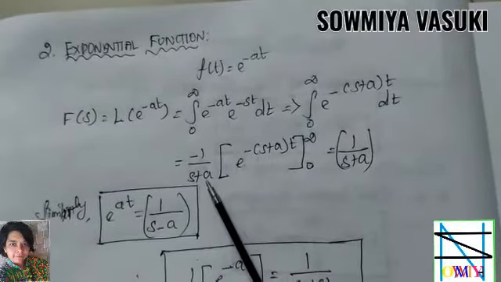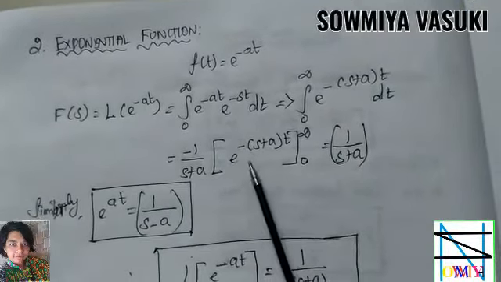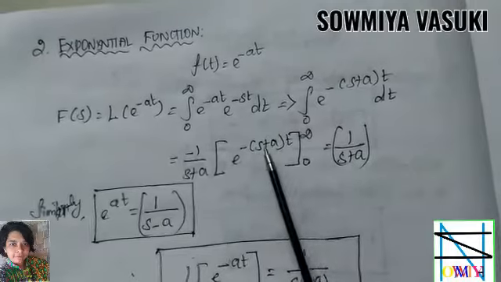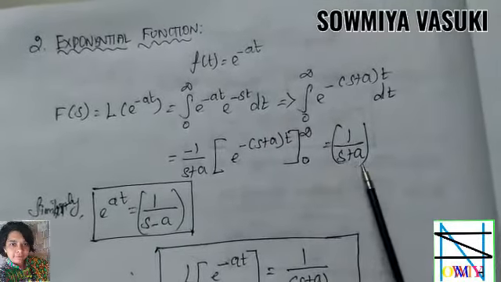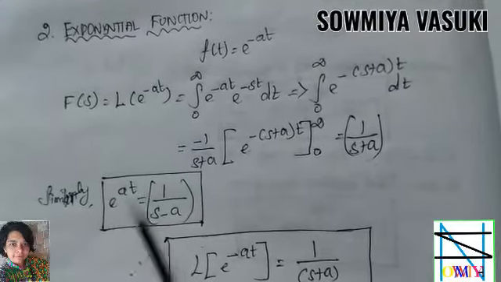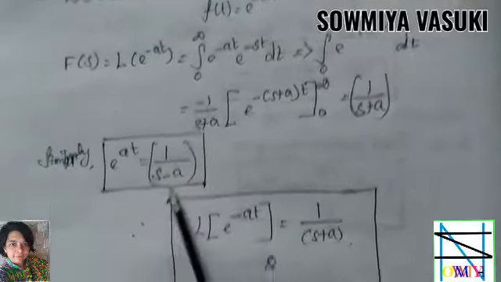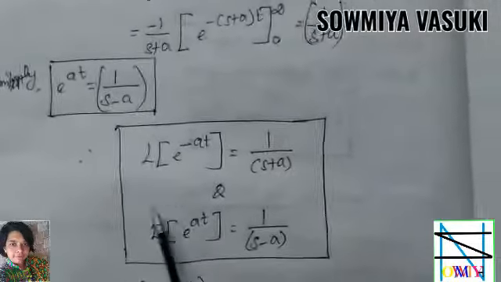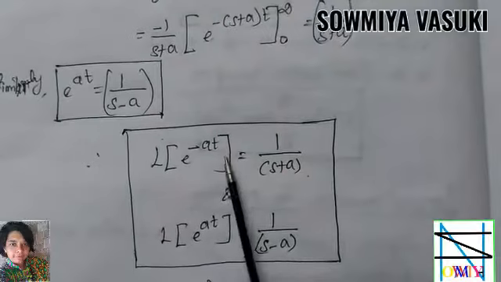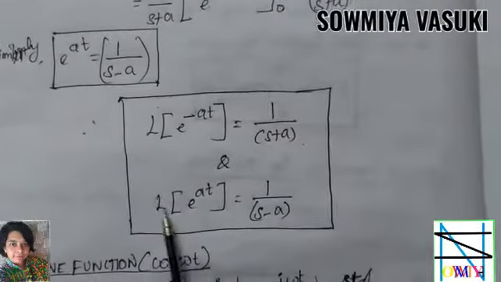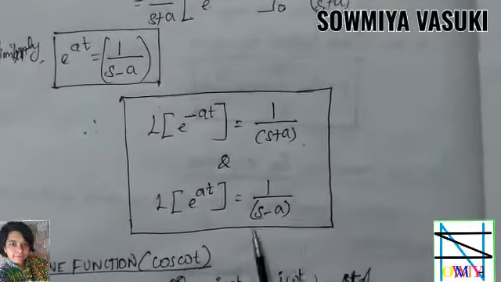So minus 1 by s plus a of e power minus of s plus a into t from 0 to infinity, which gives 1 by s plus a. Similarly for e power at, it is 1 by s minus a. So L of e power minus at is equal to 1 by s plus a, and L of e power at is equal to 1 by s minus a.